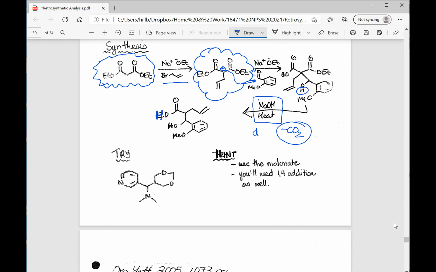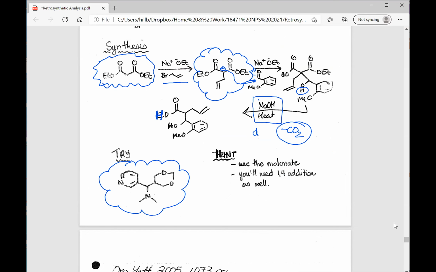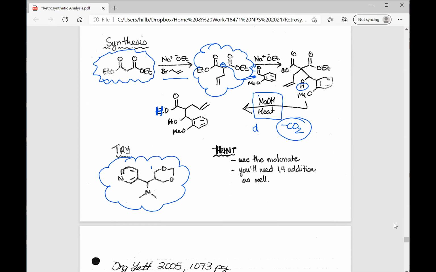So on this slide, I said try to make this compound. And it's interesting because if we look, 1, 2, 3, carbons 1 and 3 are part of the malonate.